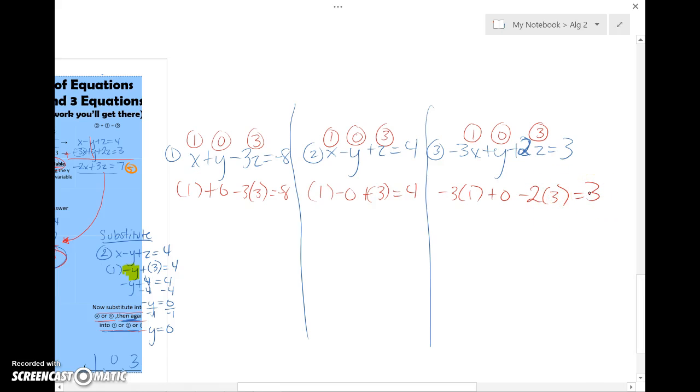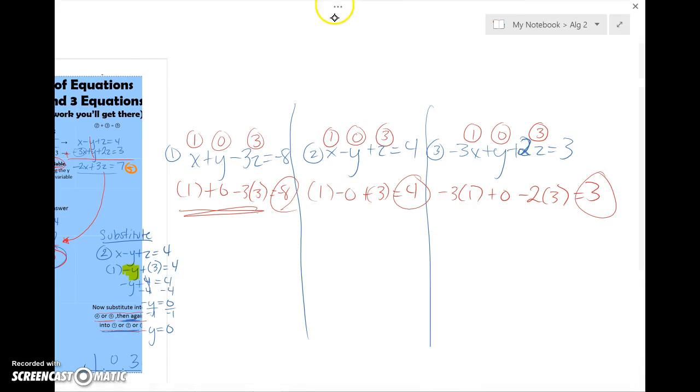Or you can take a calculator and just do the left side of this equation, add up all these numbers on the calculator real quick, and check to see if it equals negative 8. Check to see if this equals 4. Check to see if this equals 3.